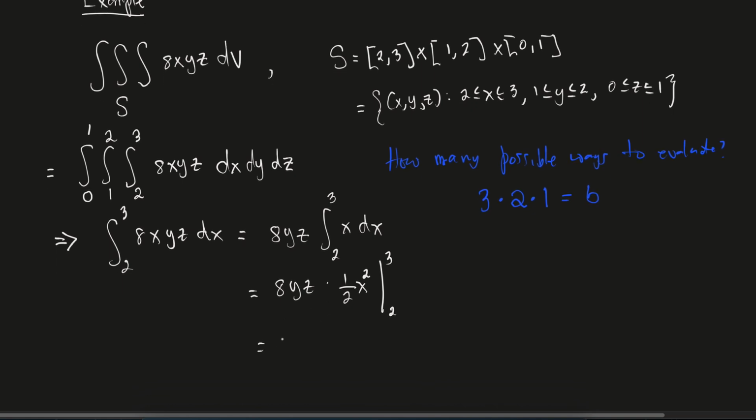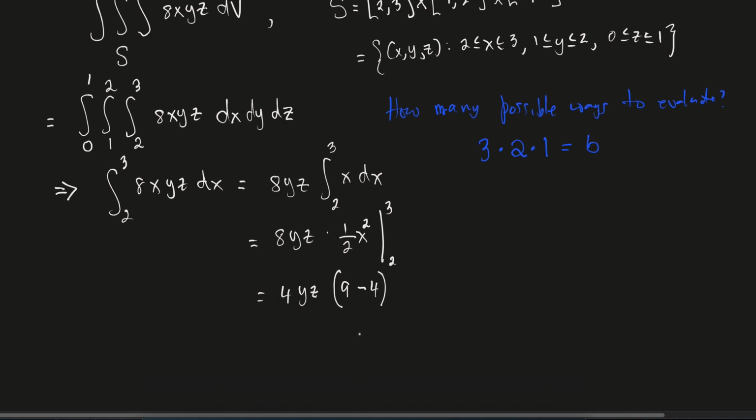So this will give me 4yz, and then let's apply our fundamental theorem, plug in the 3 squared is 9, minus 2 squared, which is 4. So 9 minus 4 is 5. Take the 5, multiply the 4, and we get 20yz. There you go. So that's the first integral down.